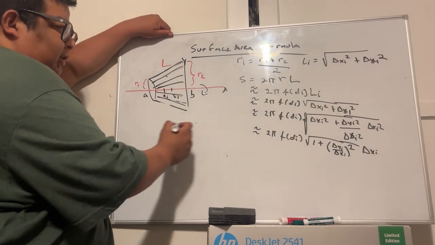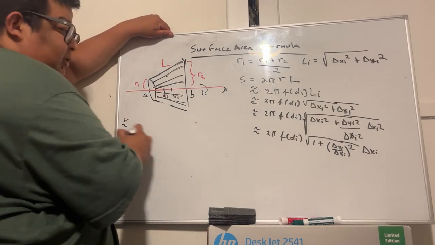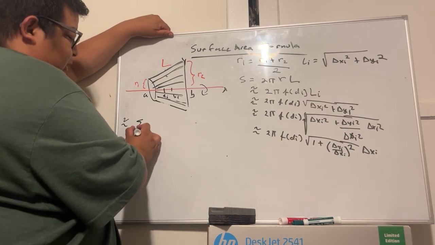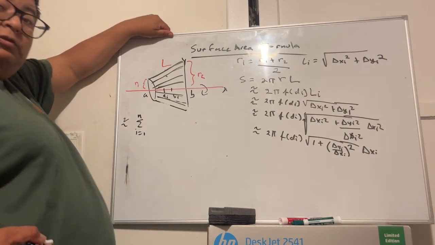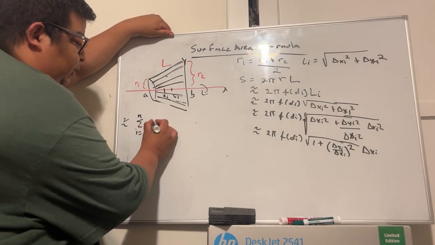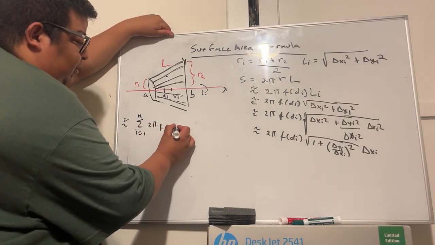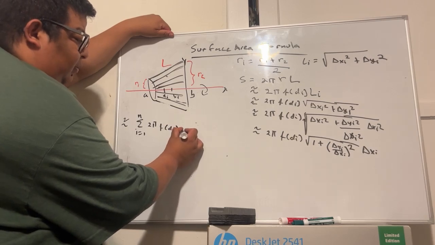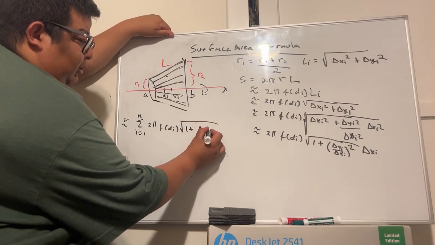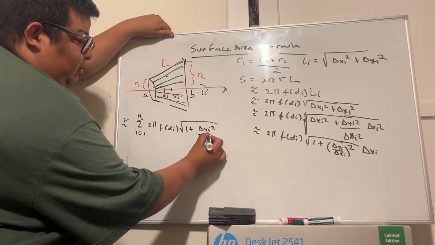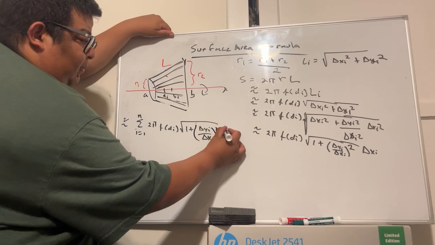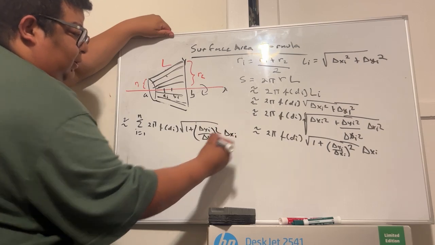So this is approximately equal to the sum from i equals 1 to n of 2 pi f of di times the square root of 1 plus delta y over delta xi, squared, and then delta xi.